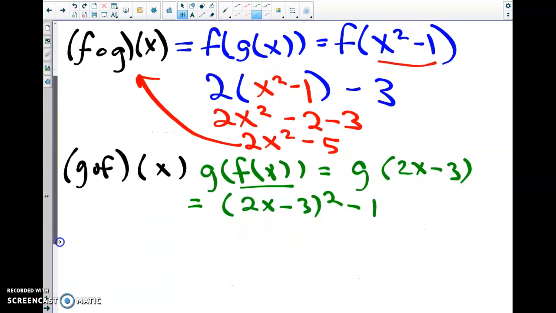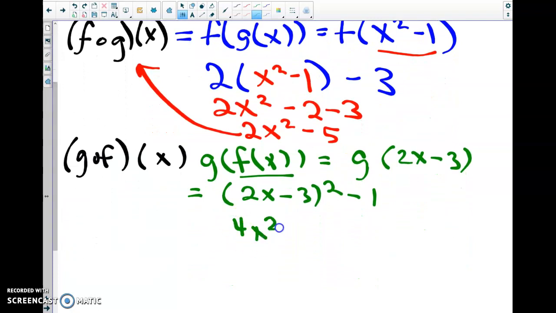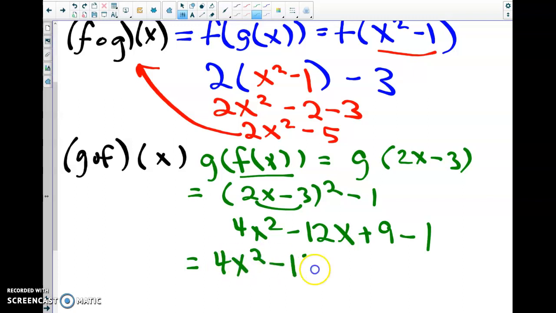We're going to FOIL. So 4x squared, inner and outer would be negative 6x, so that combines to negative 12x. Negative 3 squared is 9 minus 1. So the composition function g of f of x is 4x squared minus 12x plus 8.